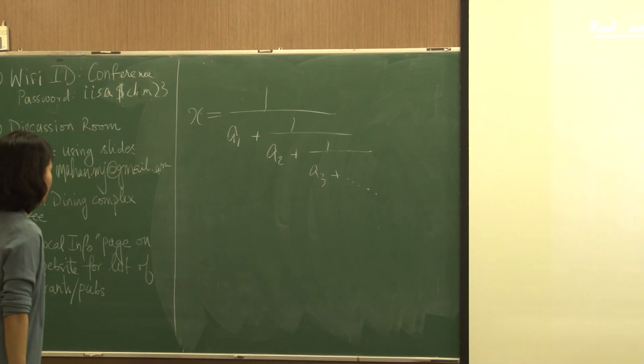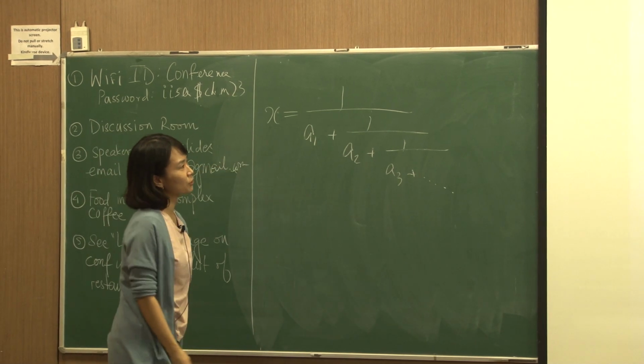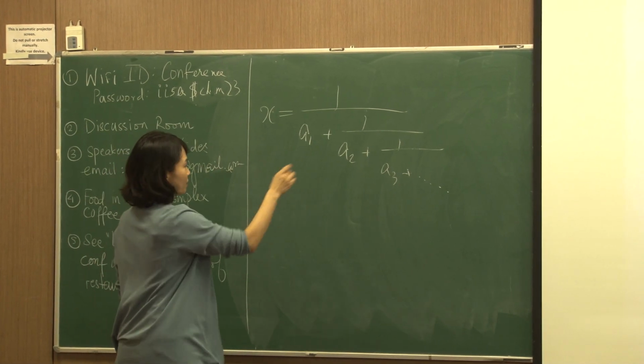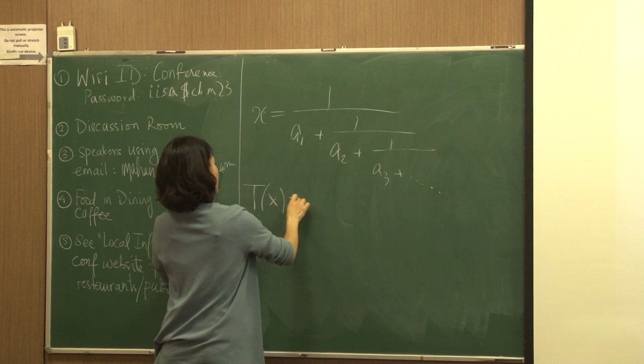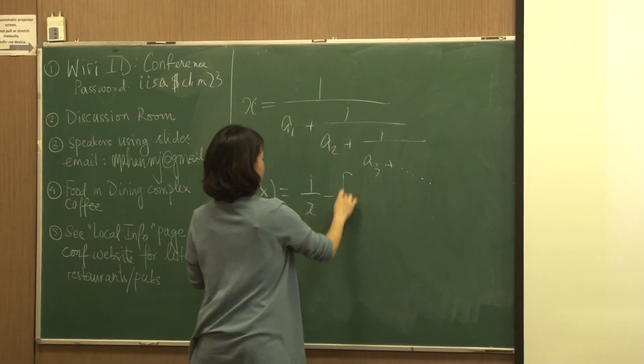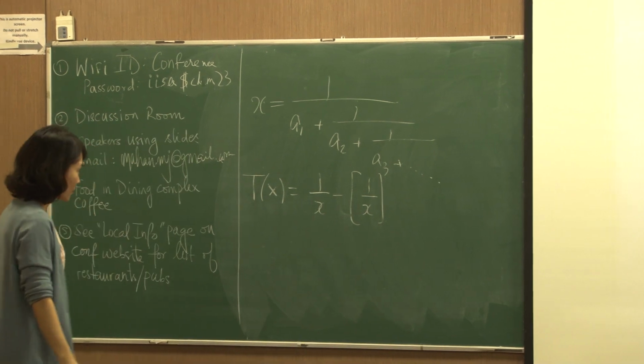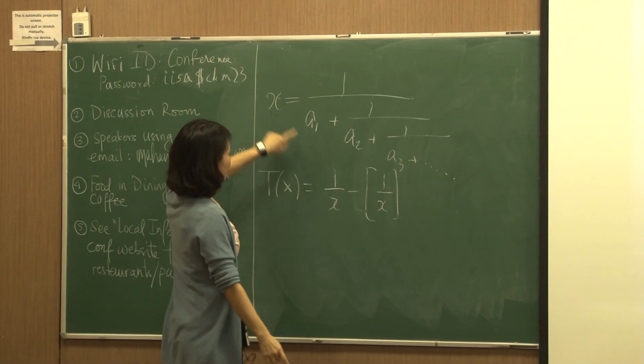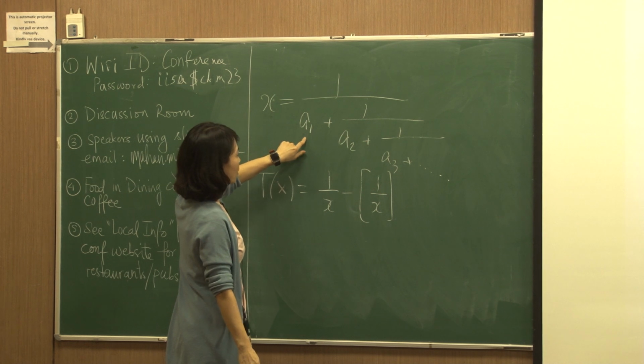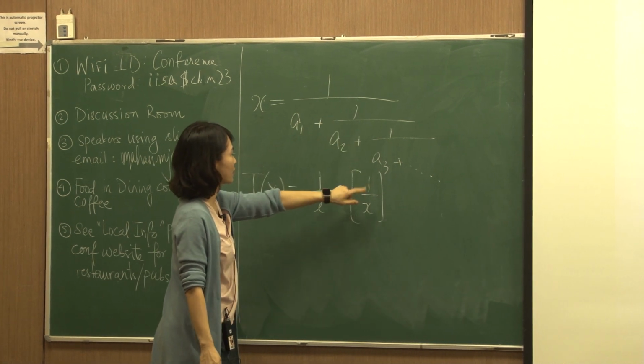And attached to this usual continued fraction expansion is the Gauss map, that is 1 over x minus the integral part of 1 over x. If you plug in x here, you'll have a1 plus etc., and then you take away a1.